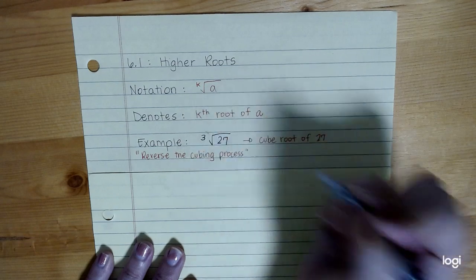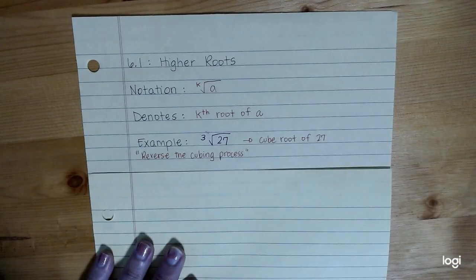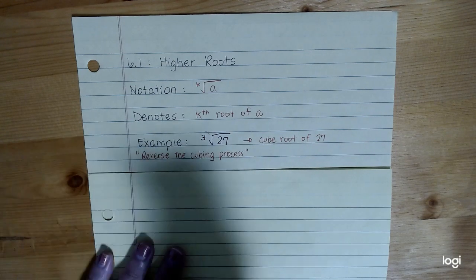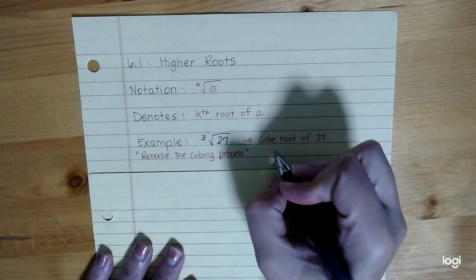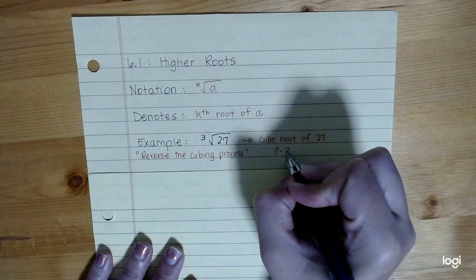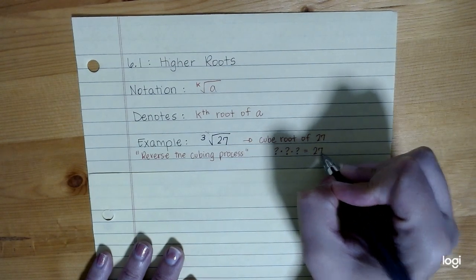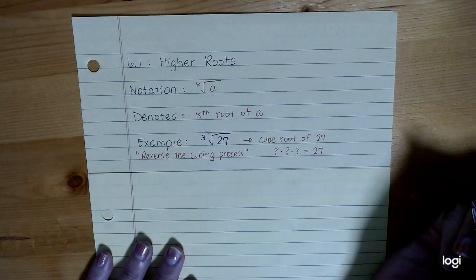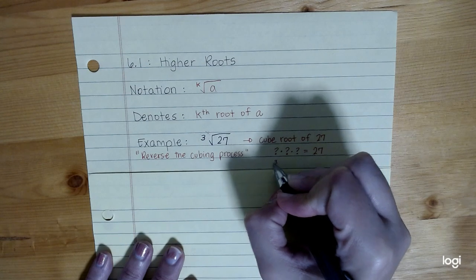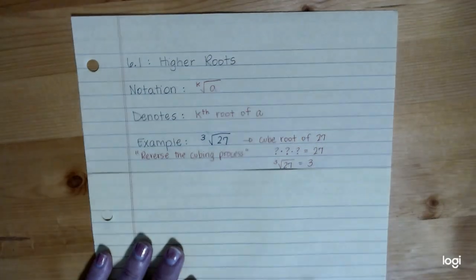So a square root reverses the squaring process. The cube root here is going to reverse that cubing process. So the question is, what number multiplied by itself 3 times is going to get us 27? Well, that answer is 3. The cube root of 27 has a value of 3.